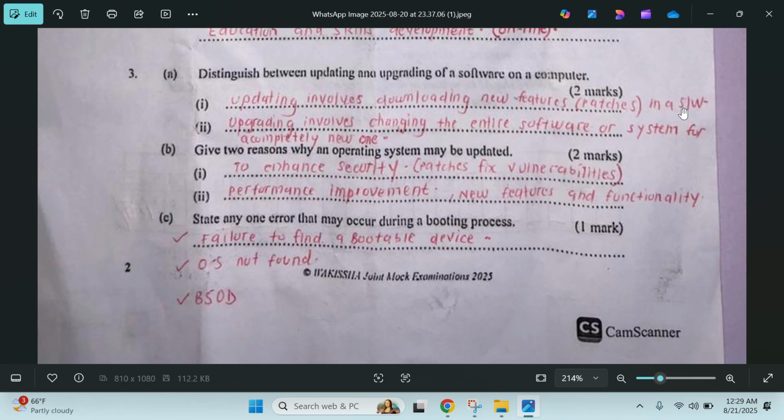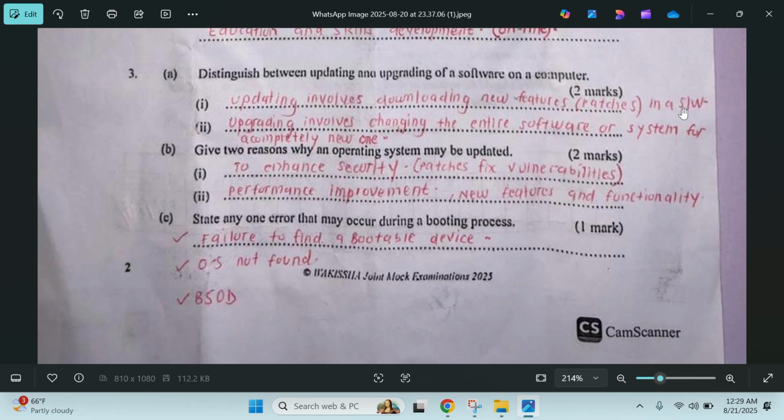A patch is just an addition in a newly updated software. Take an example of WhatsApp. If you update your WhatsApp to a new version, chances are high you're going to get new features or patches in the new WhatsApp. That's the meaning of update. It involves downloading new features in a software. You just add in new features in a software.